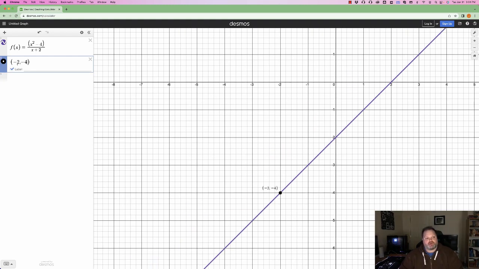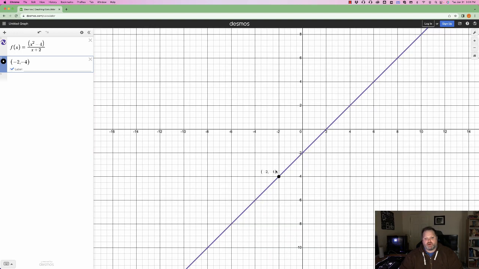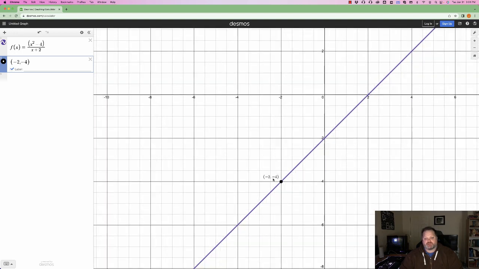But here's the problem. Even though Desmos is showing this with a darkened in circle, the function value is not there. So I'm going to use an open circle instead, because technically that's what the graph of this function looks like. It looks like the graph of x minus 2, which is what you get when you simplify this, except it's missing the value here.